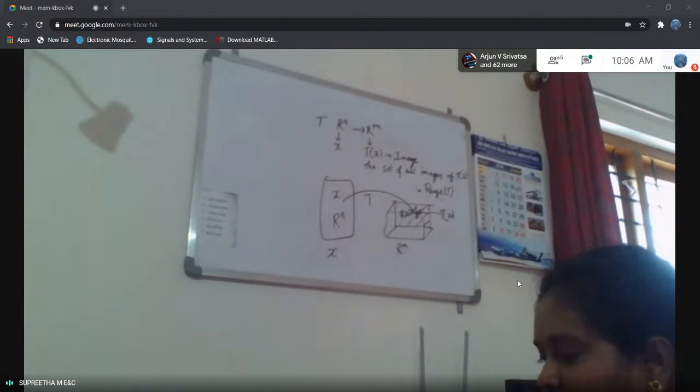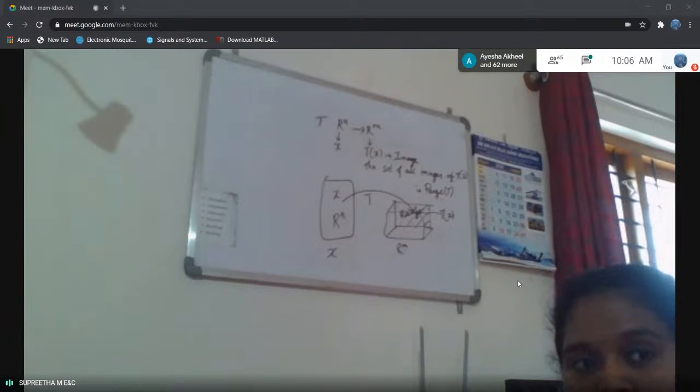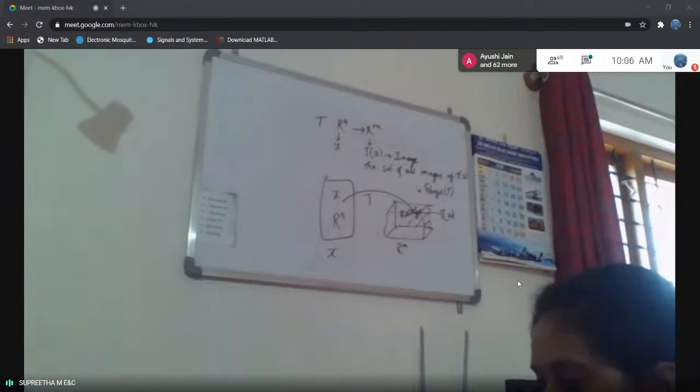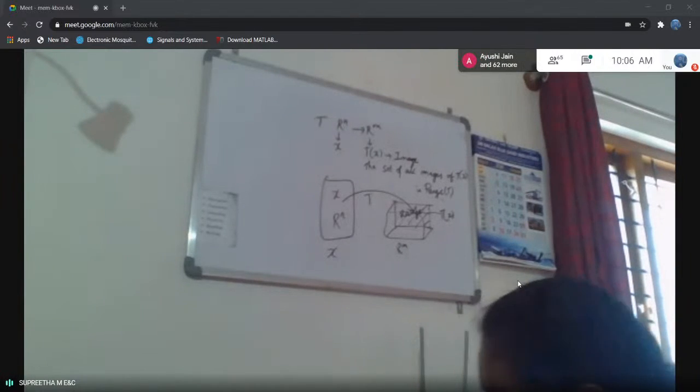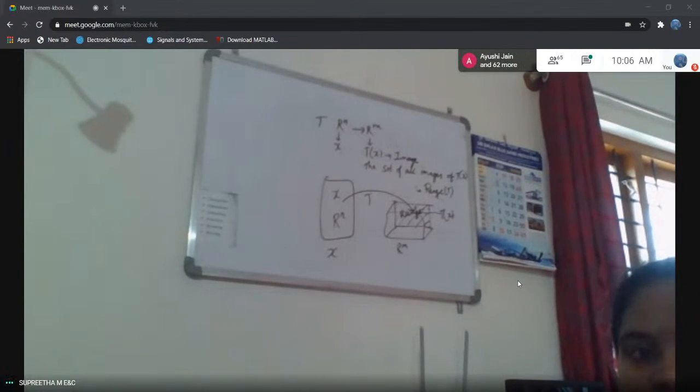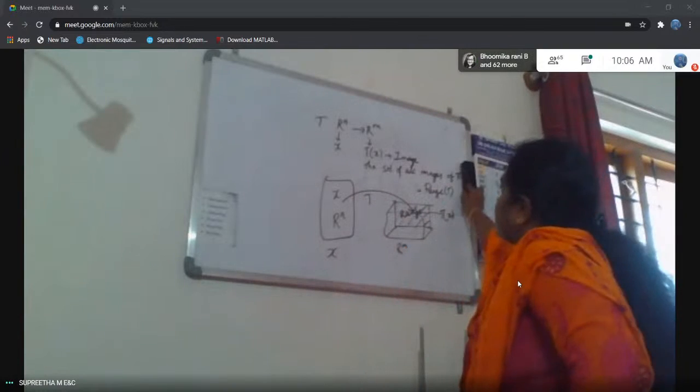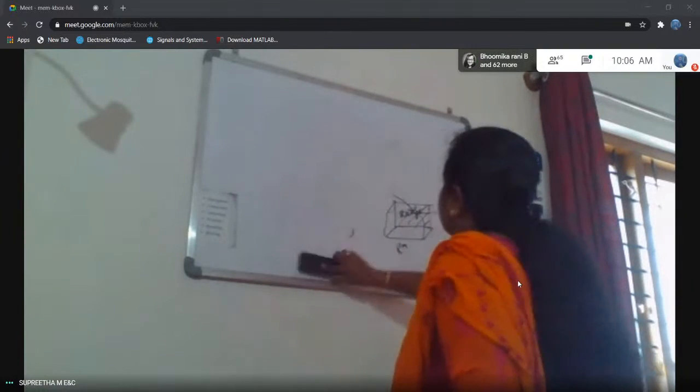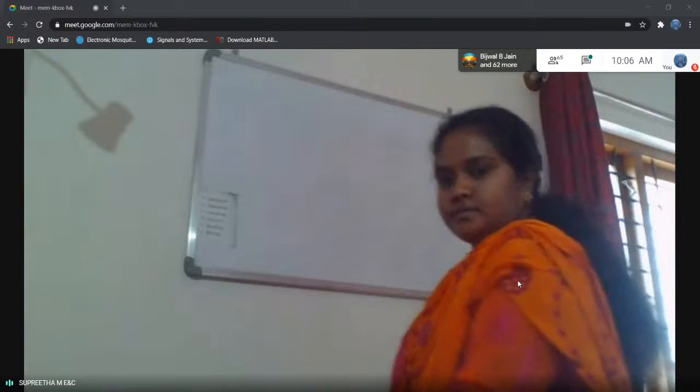I said these are some of the properties of the linear transforms, where I try to transform my given vector from one vector space to another vector space, right? So now let us try to prove those properties of a linear transform. Is it clear till here?